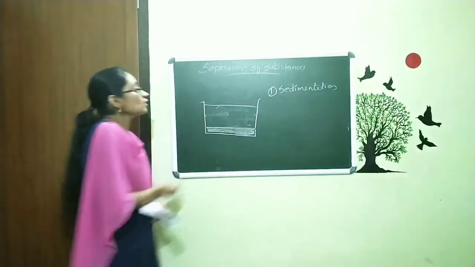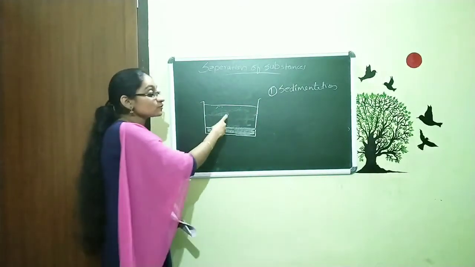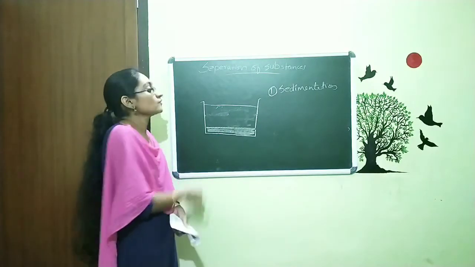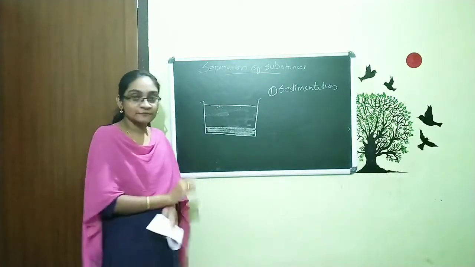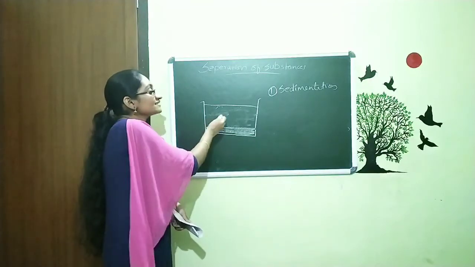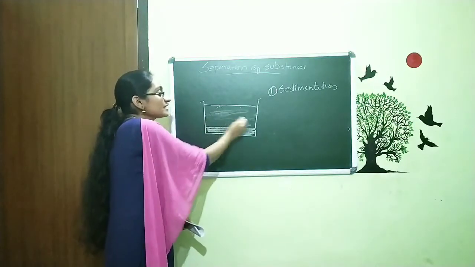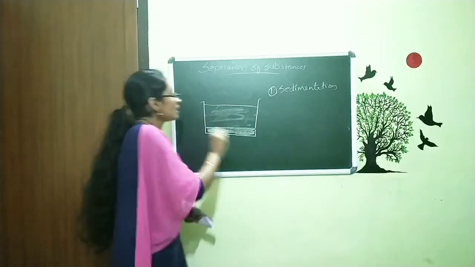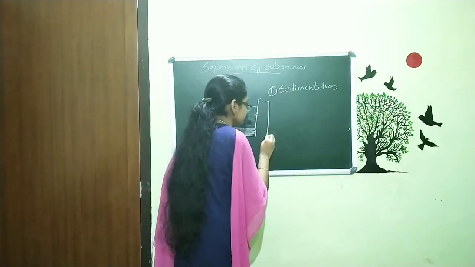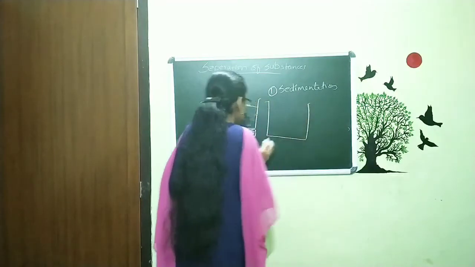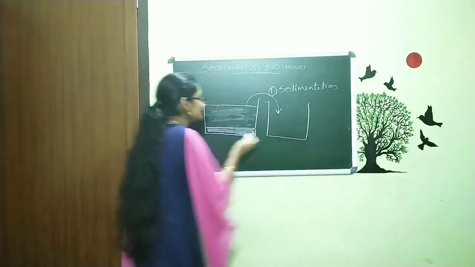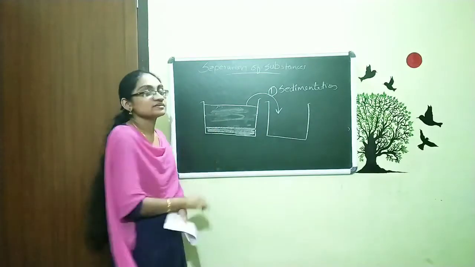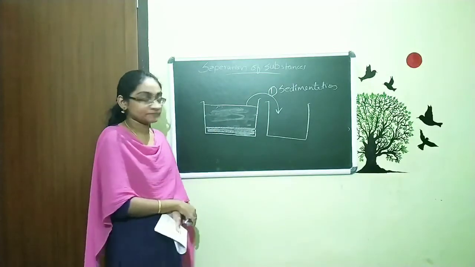Sedimentation. Now I am collecting this water. What is this water? The water is a mixture of salt and the water. That means here the salt is dissolved in this water. So now I am collecting this water into another beaker. That means this sand is getting separated from the salt and water.